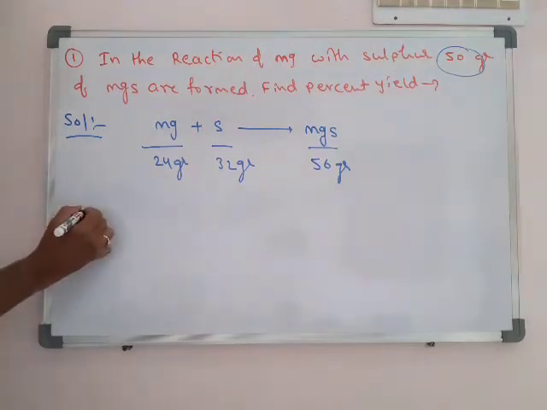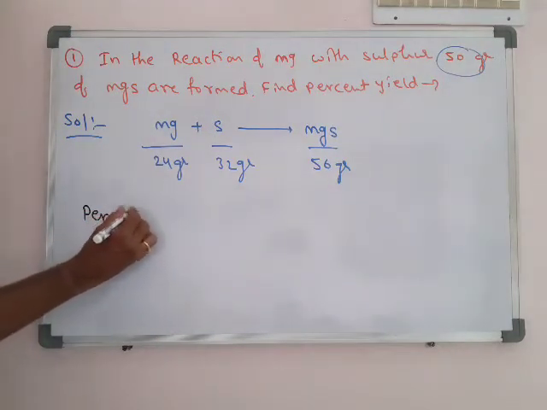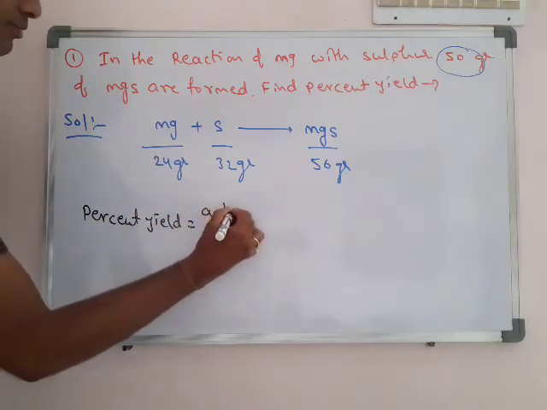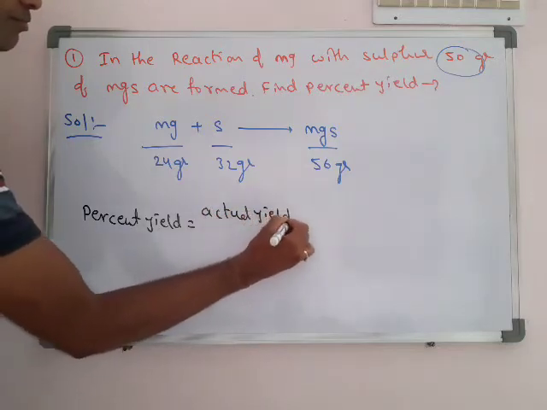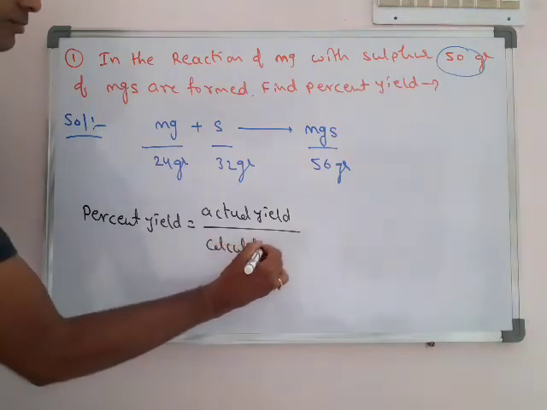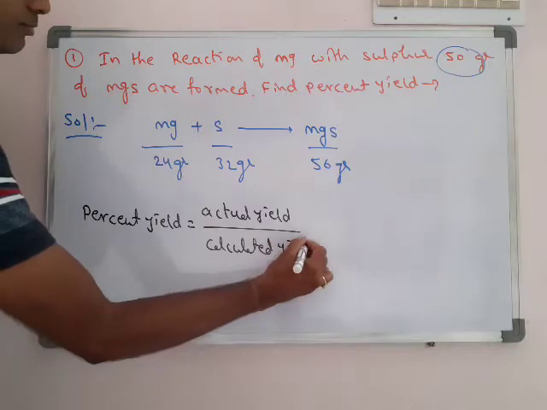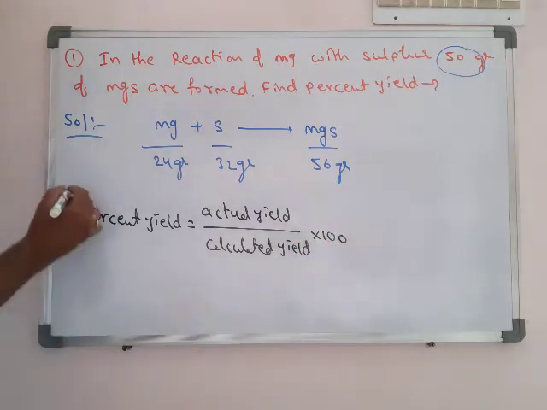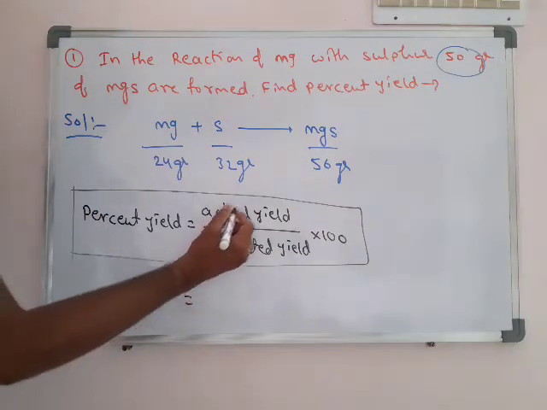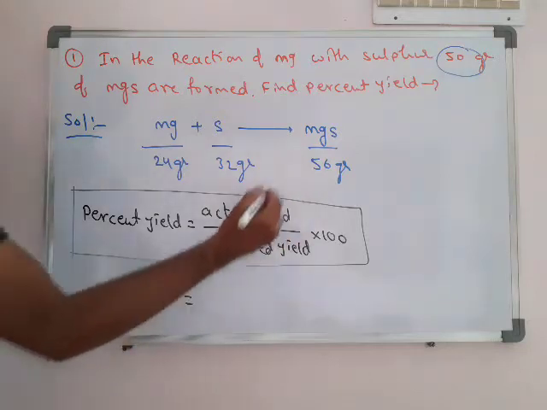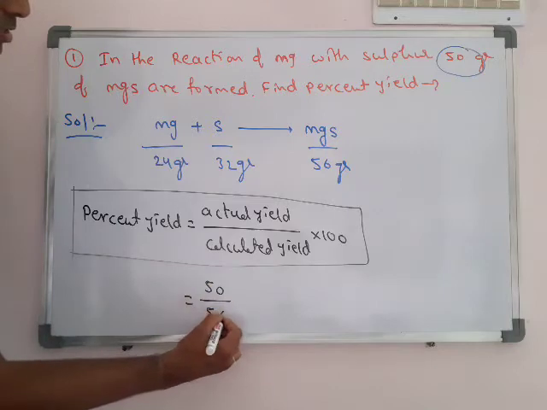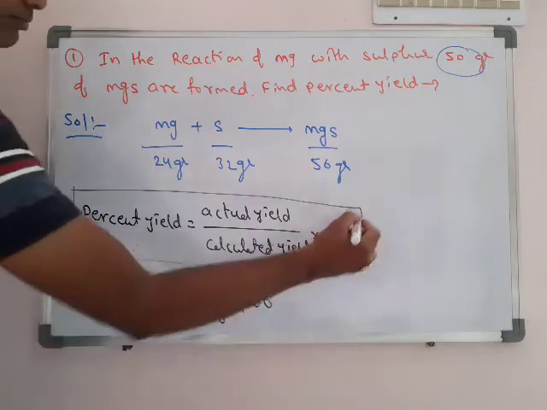So percent yield is equal to actual yield by calculated yield. The actual experiment gives 50 grams, so I can calculate it over 56.